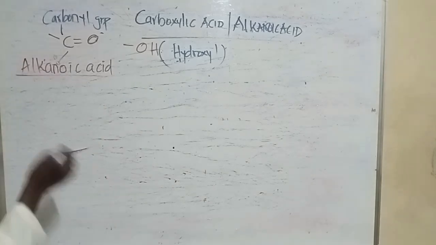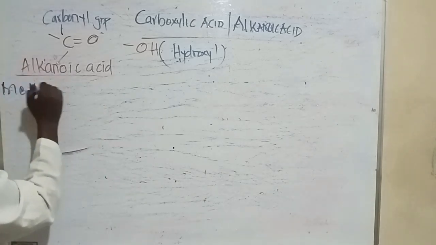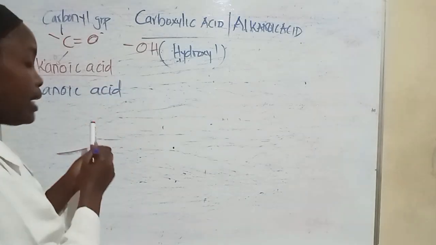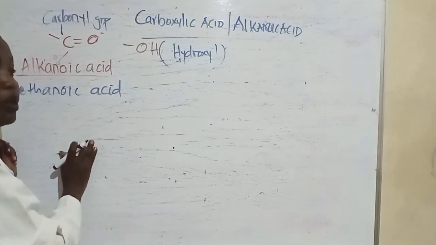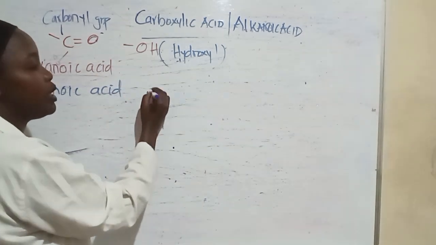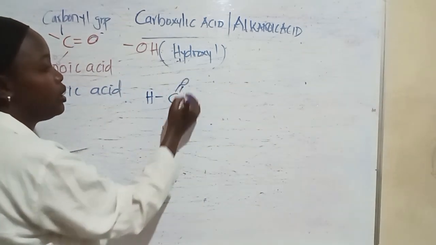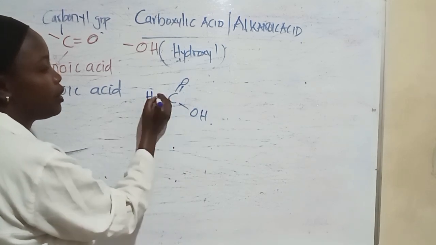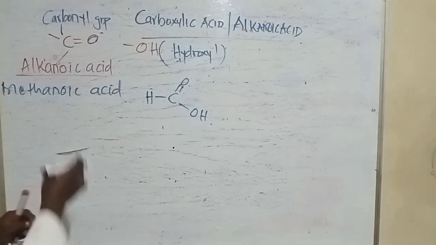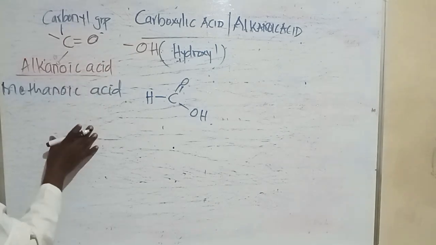So how do you write methanoic acid? The formula of methanoic acid is going to be HC double bond OH. So this is an example of an alkanoic acid.